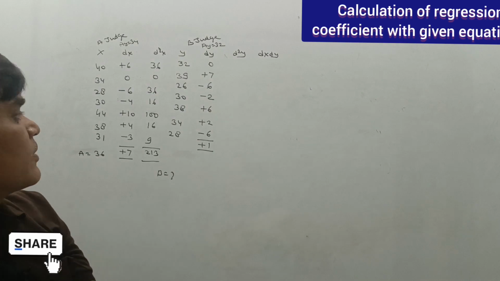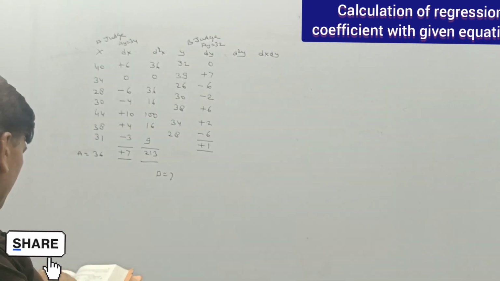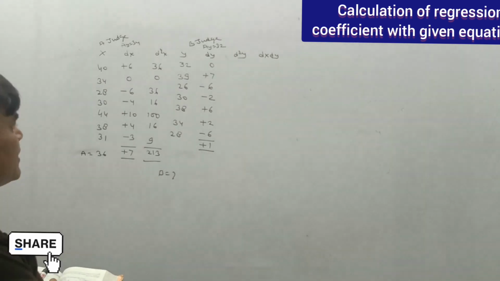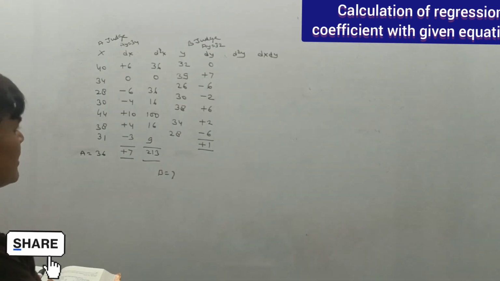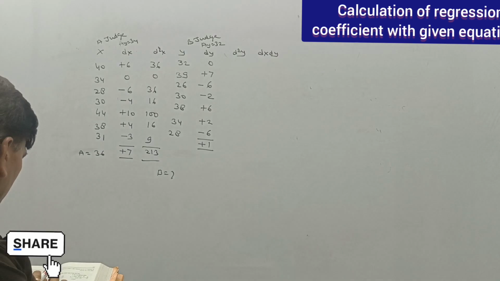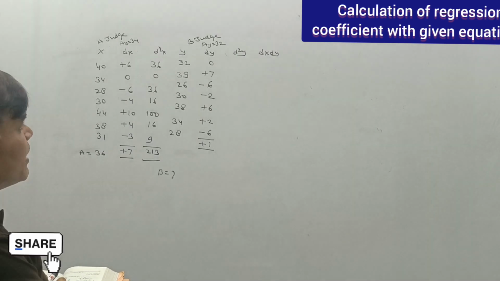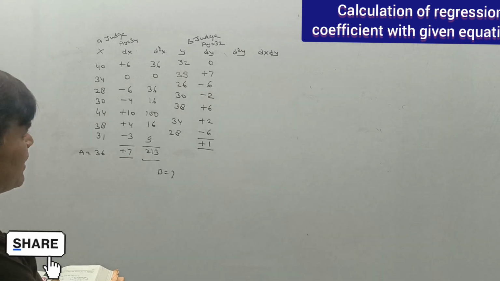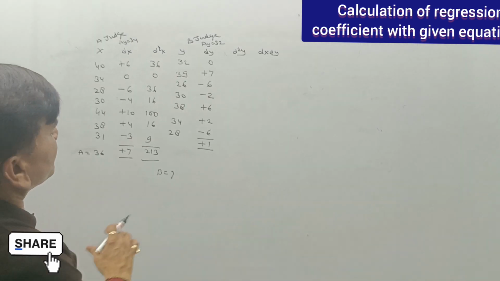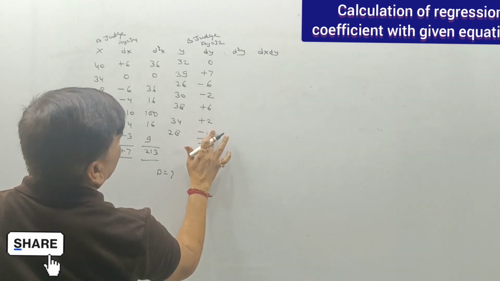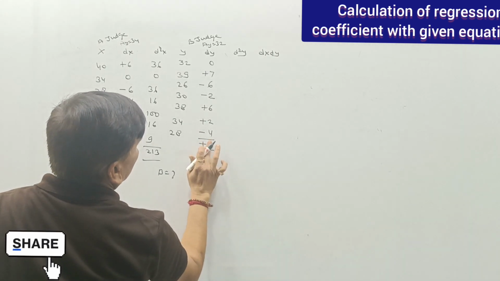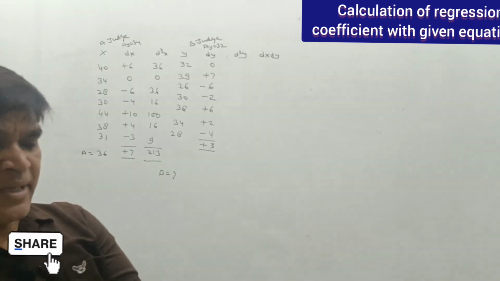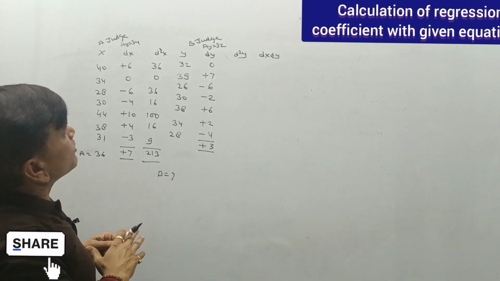In books some difference is over there. Why is the difference there? The values are 32, 39, 26, 30, 38, 34, 28. So 0, plus 7, minus 6, minus 2, plus 6, plus 2, and the last one is minus 4, that is the difference. That is plus 3. That's why I was checking, some mistake may be over there.